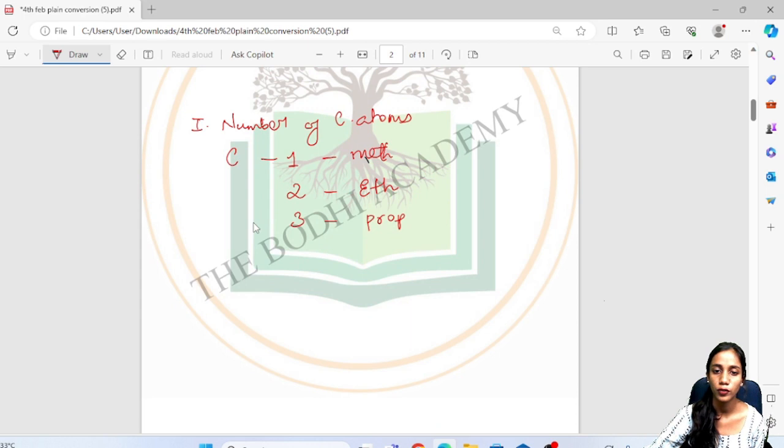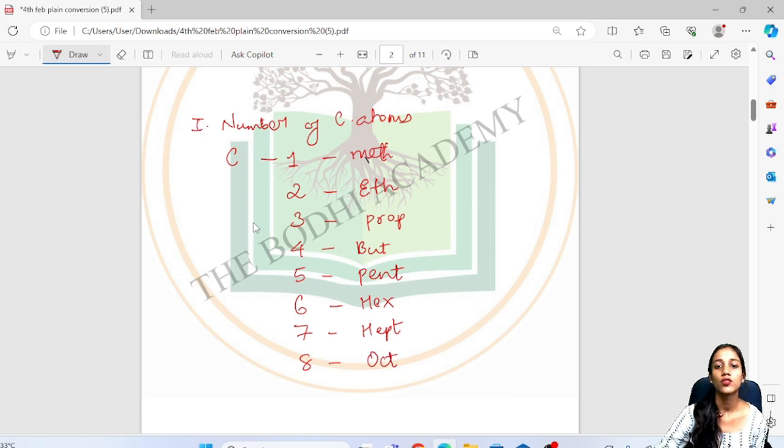If there are 4, then it is BUT. 5, then it is PENT. 6, then it is HEX. And 7, then it is HEPT. 8, then OCT. So this will be the starting part of the word depending upon the number of carbon atoms. So when you are writing the word, first we have to see the number of carbon atoms.